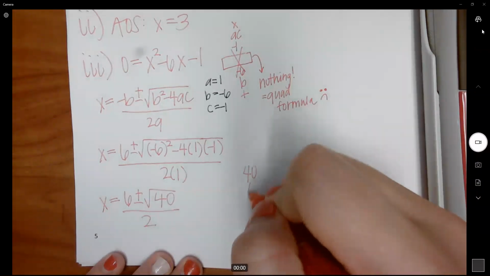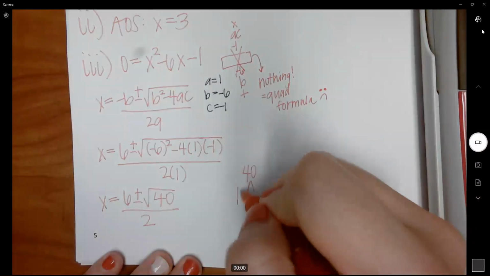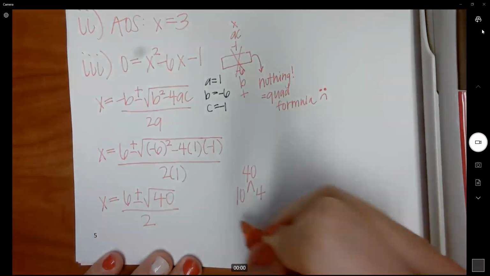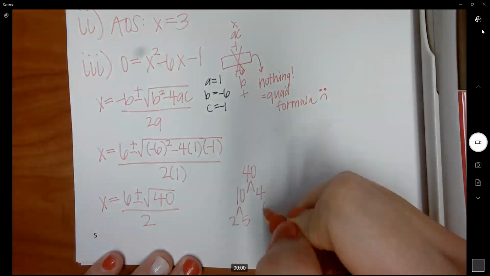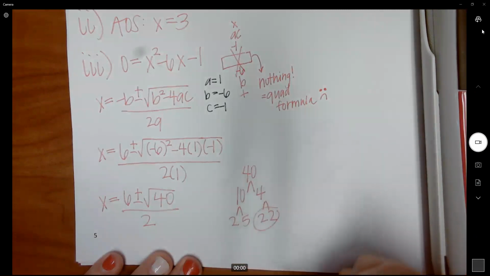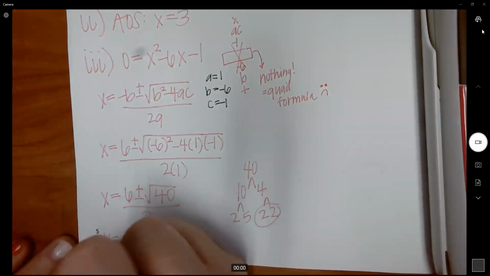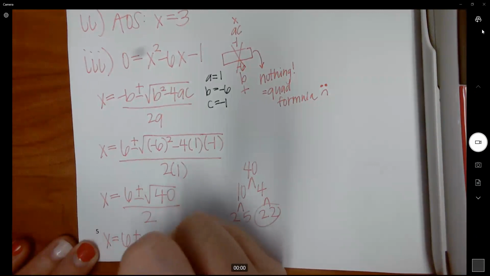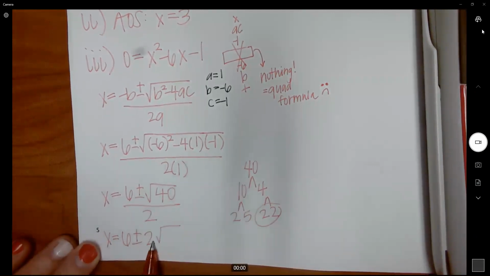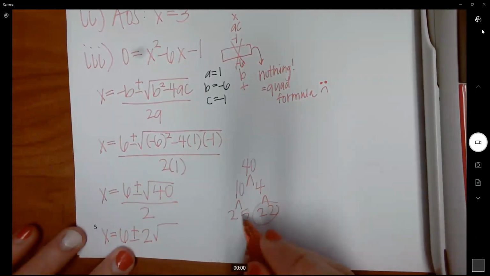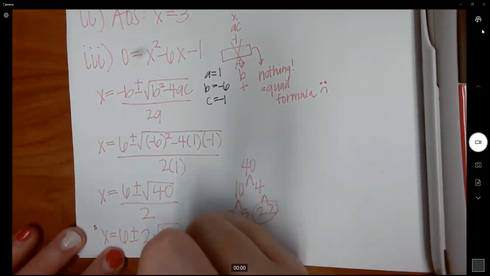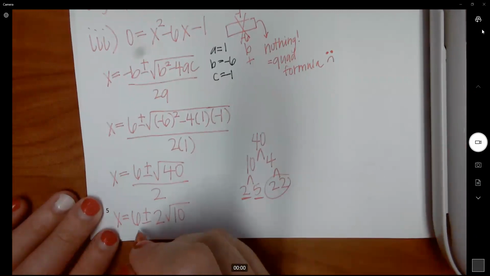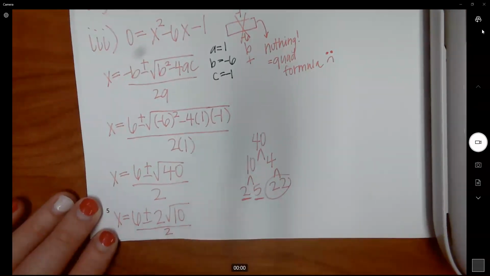Forty can be broken down. 40 is 10 and 4, which is 2 and 5 and 2 and 2. So I have a pair of 2s. So that 2 comes out, and then these need to get multiplied back together to become 10. So square root 10, all over 2.